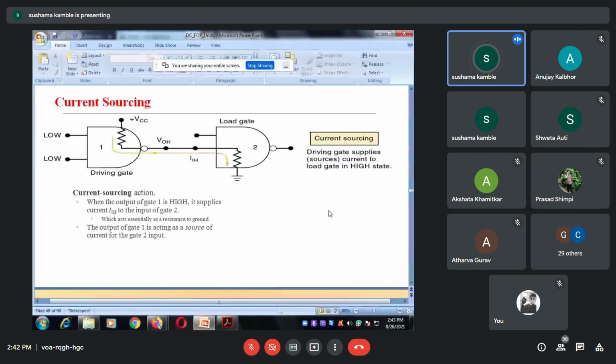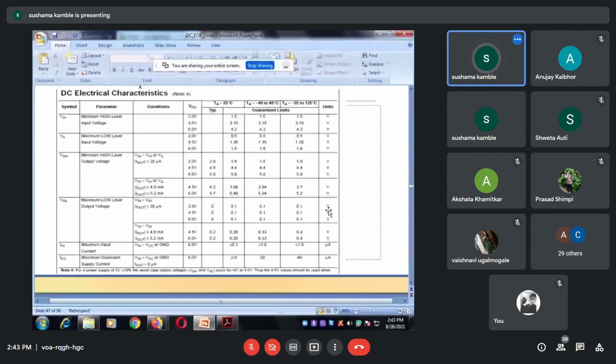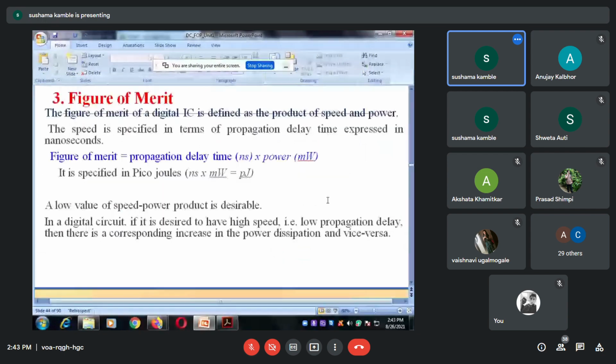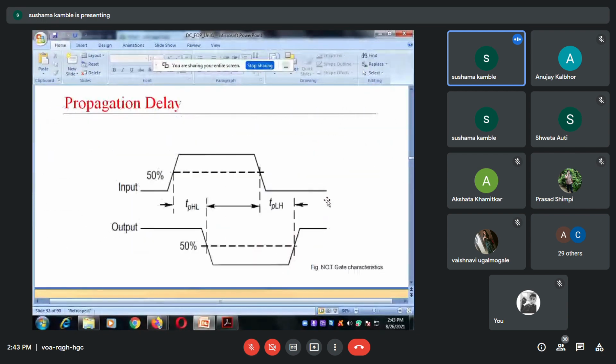In the last lecture, we studied the characteristics of ICs and how to evaluate the performance of an IC. Which parameters did we discuss?